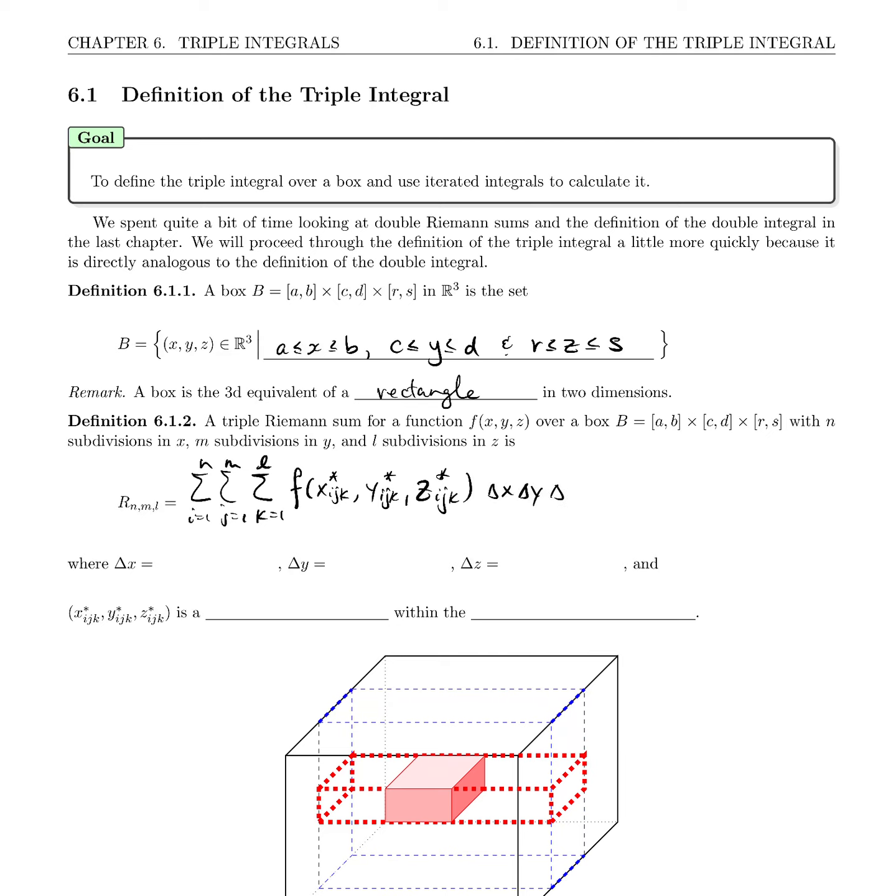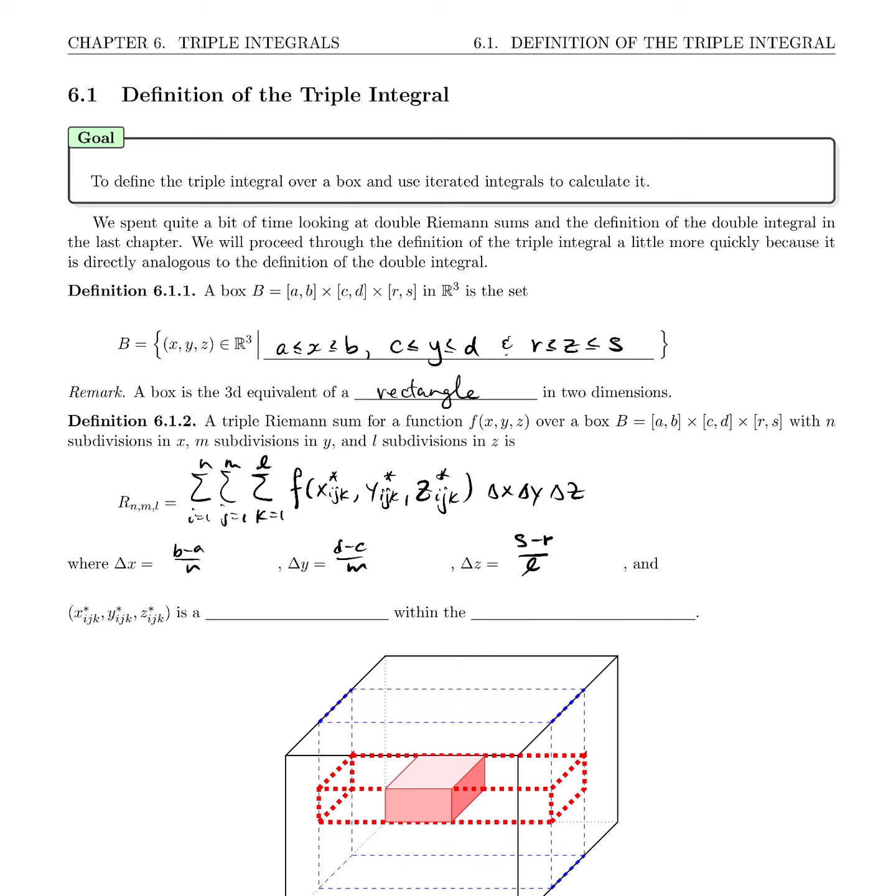So they are building up in complexity, our Riemann sums, but they are basically the same shape over and over and over again. Delta x is (b minus a) over n. Delta y is (d minus c) over m. And delta z is (s minus r) over how many divisions? l.